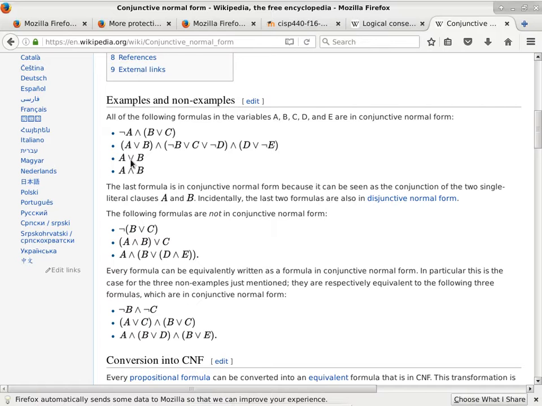So the next one is the one that is more recursive. The previous one is sort of recursive, but it only has one level. But the next one is kind of more recursive. Now we say, a conjunction of CNFs is a CNF.